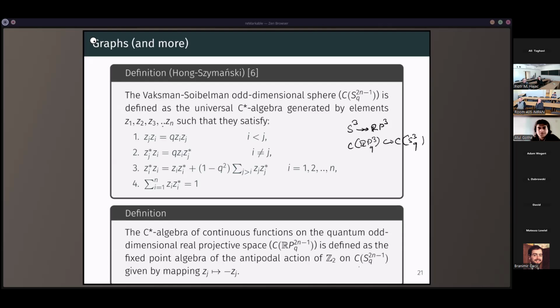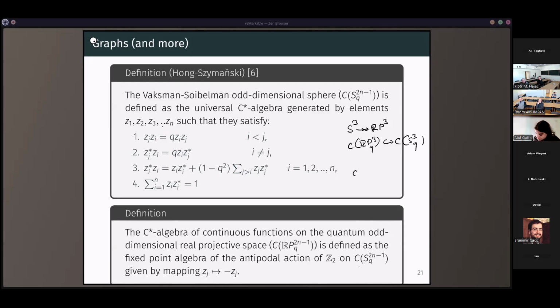And this is how you define the complex case. This is very ancient and has a very long history. But doing it for real, okay, Atul will explain to you that you also have to take care of even cases, which are more difficult. But in the odd cases, you can take the good old-fashioned Vaksman-Soibelman spheres and restrict the U1 action to a Z2 action, and voila, here you go.